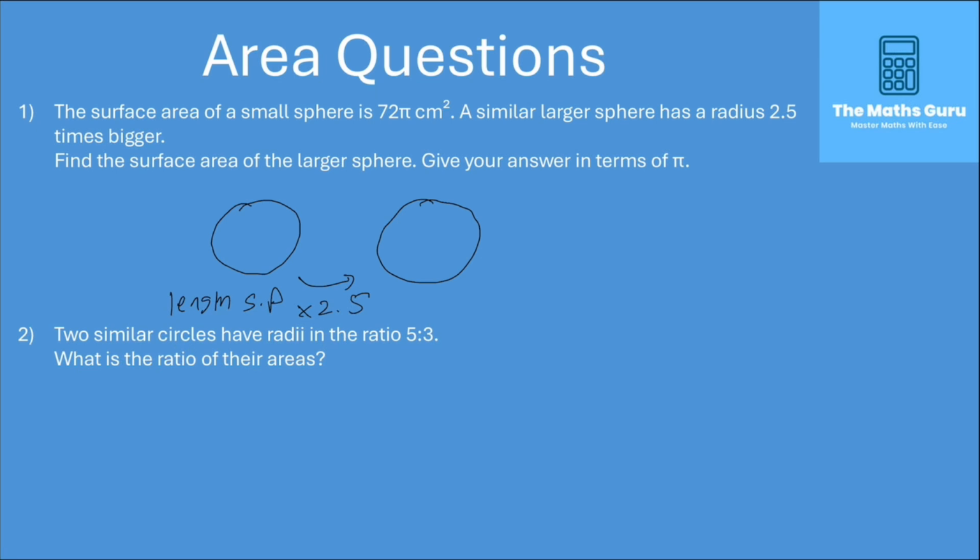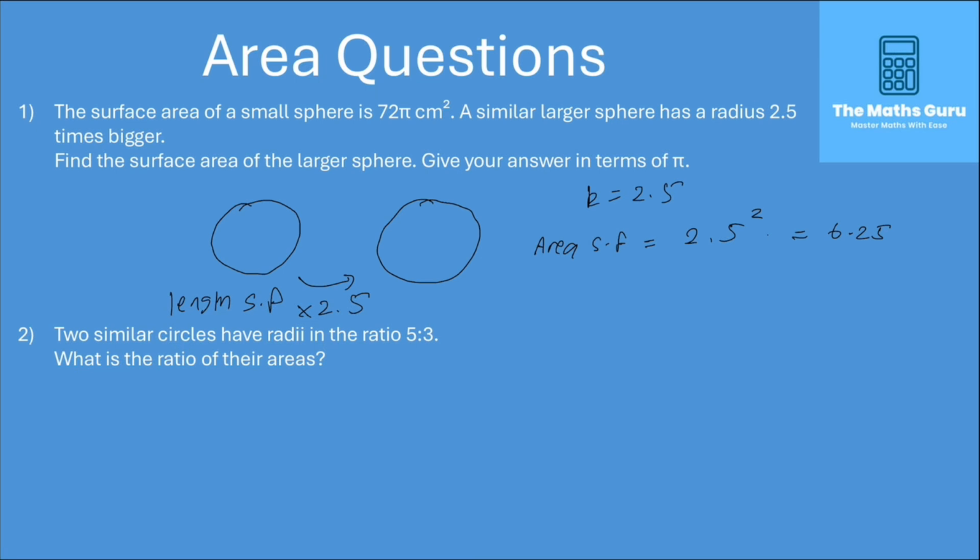So if k is equal to 2.5, then our area scale factor is equal to 2.5 squared. 2.5 squared is equal to 6.25. So we need to times our smaller surface area by 6.25 to get our larger surface area.